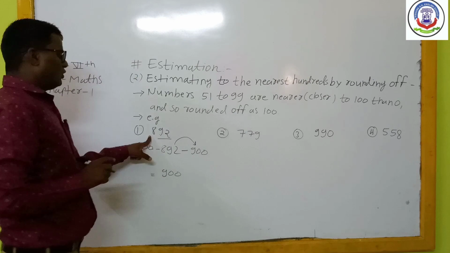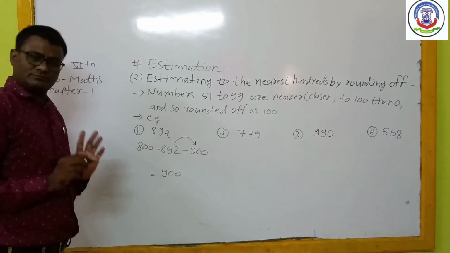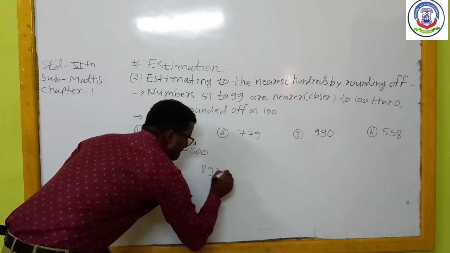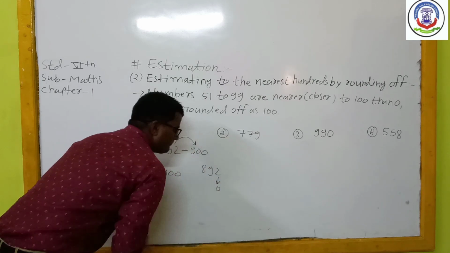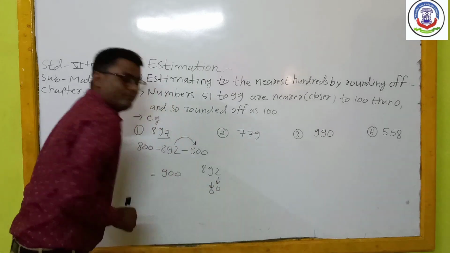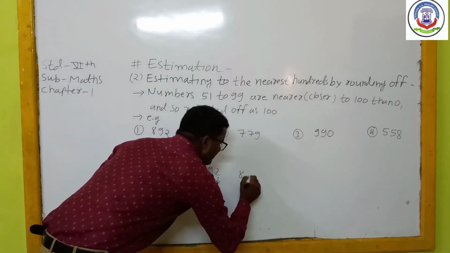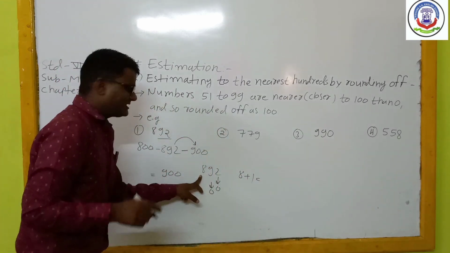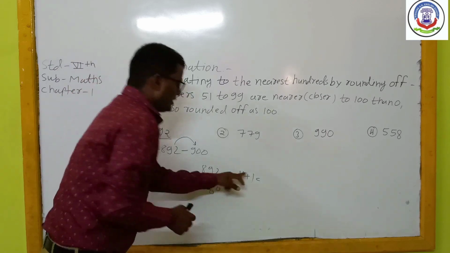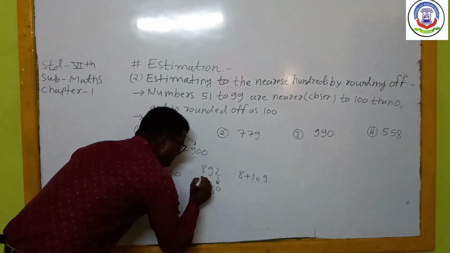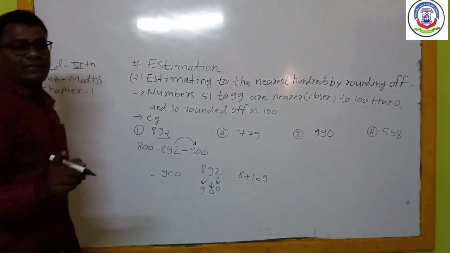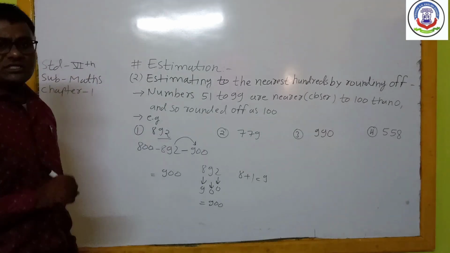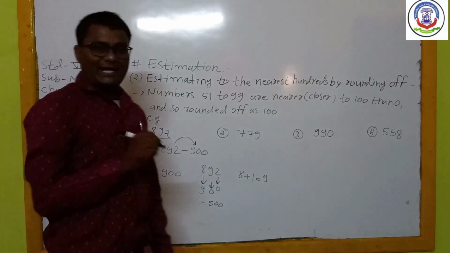Here 2 becomes 0, 9 becomes 0, and we will add 1 to 8, that is the 100 place digit. It will become 9. So our required number will be 900. Okay students, remember that. Now another example.